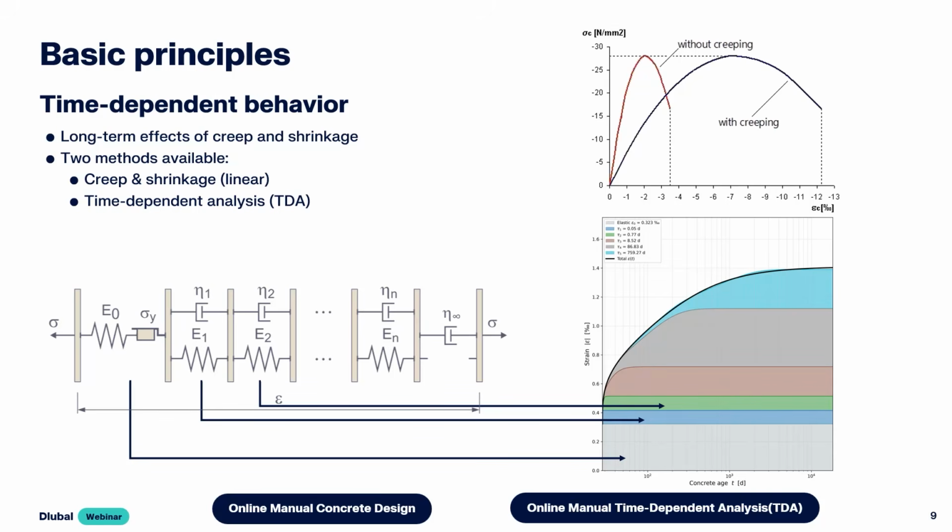The first element, for example, already becomes active after around 1 hour. It then remains active for the rest of the loading duration. The second element becomes active after around 1 day. The last element only really comes into effect after roughly 2 years, with its contribution increasing slowly.